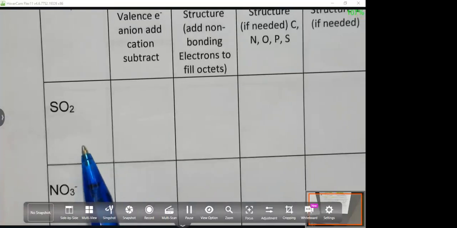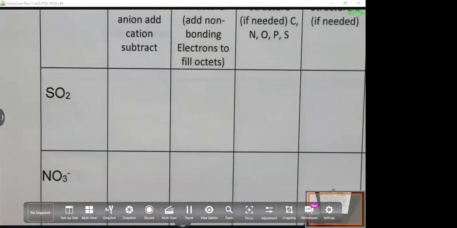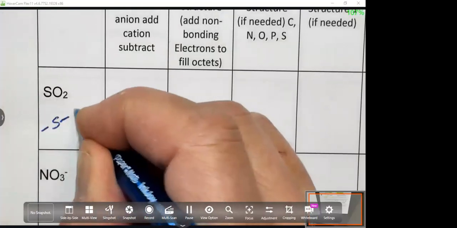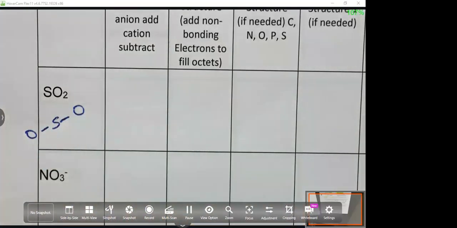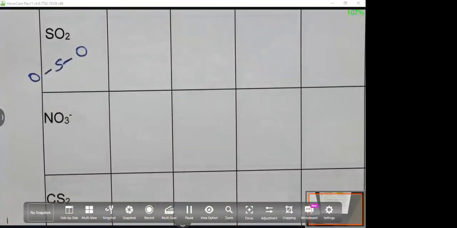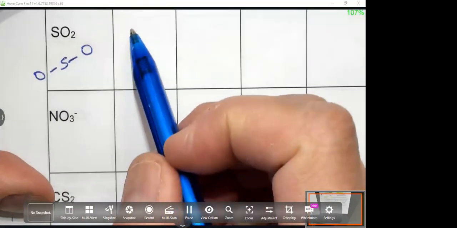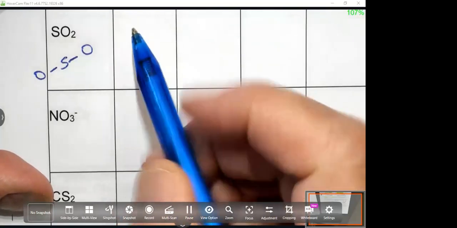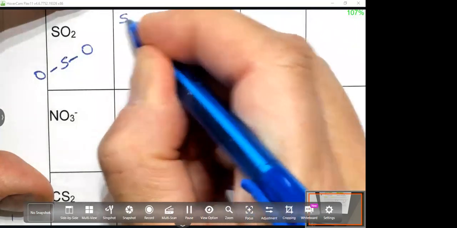We got SO2. So if we combine SO2, it would look something like this. My total valence electrons. Sulfur, how many?